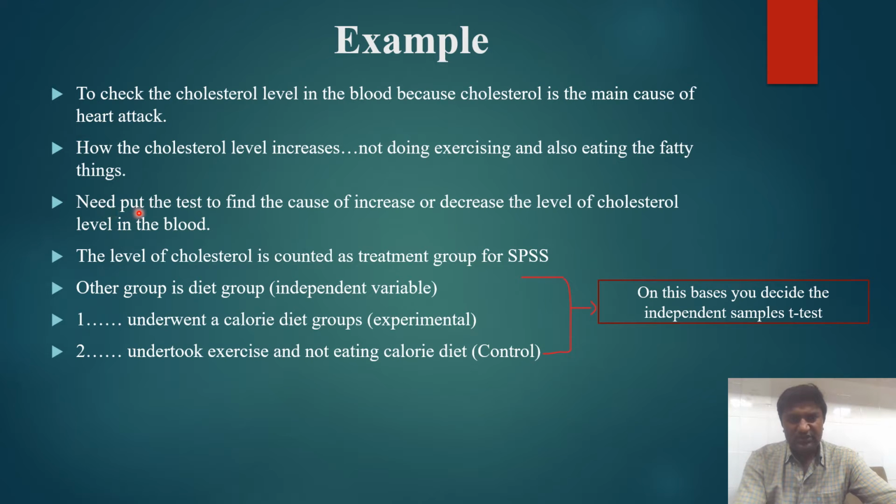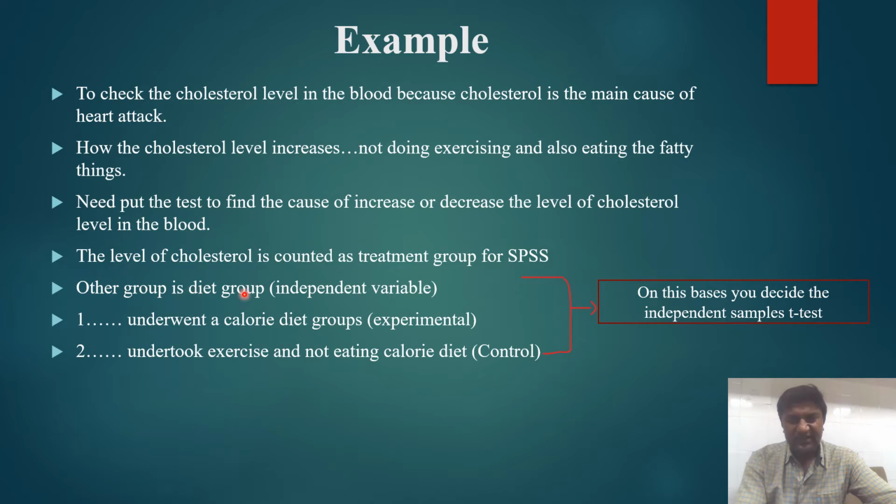You need to run the test to find the cause of the increase or decrease in the level of cholesterol in the blood. So the cholesterol level is counted as the treatment variable for SPSS.